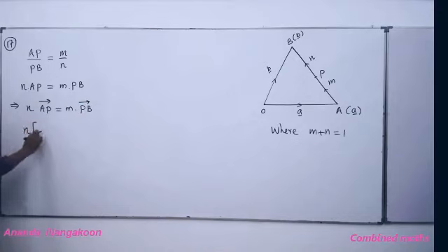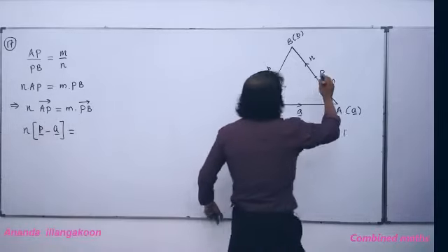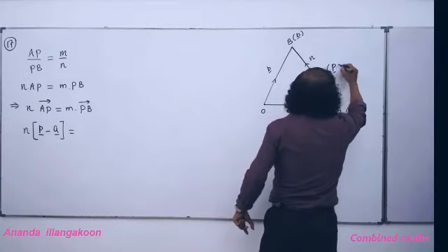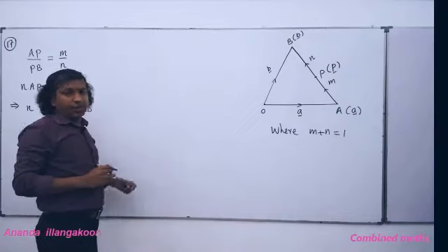N times AP vector, people, we can write position vector of second letter minus position vector of first letter. Position vector of P, I am going to take as simple P. That's the usual convention: if the point is capital P, its position vector is taken as the simple letter.